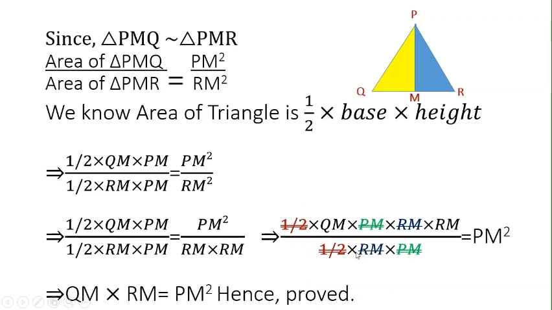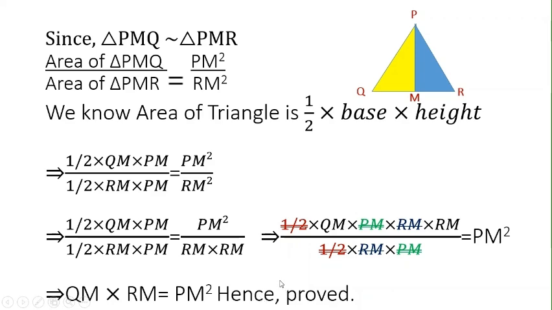After doing all the simplification, finally what terms remain here? QM into RM is equal to PM square. We have to prove that only. So PM square is equal to QM into RM, so it is proved.